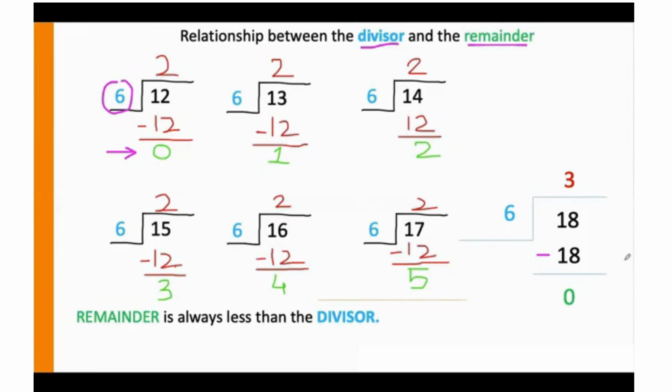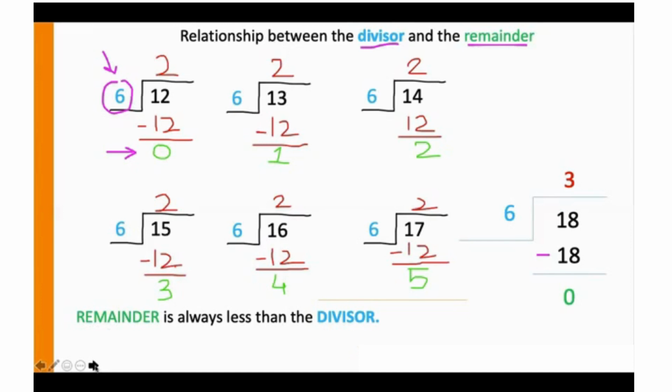Then if you are dividing 19 by 6, you will get 1 and 2 and 3 and 4 and 5. And again, you will get 0. So you can see that the remainders are always going to be less than 6 because 6 is our divisor. So remainder is always less than the divisor. That's the relationship between divisors and remainders.